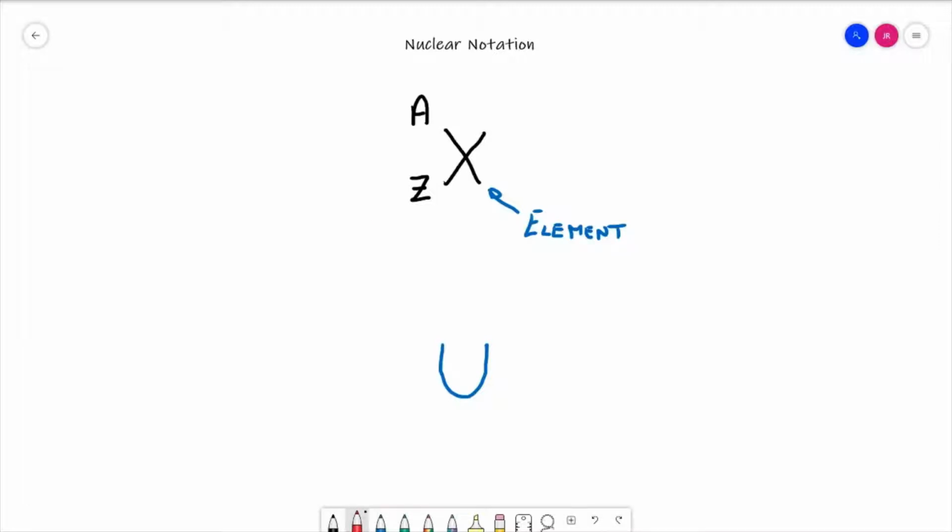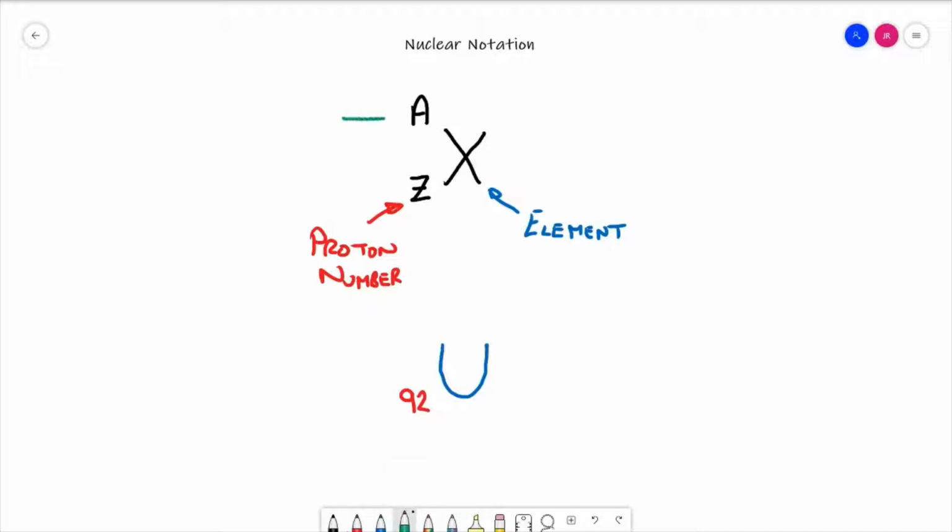The second number that we care about is the Z, which gives us or shows us the proton number. The proton number is exactly what it says. It is the number of protons that are in that particular nucleus. For uranium then, there are 92 protons in a uranium nucleus.